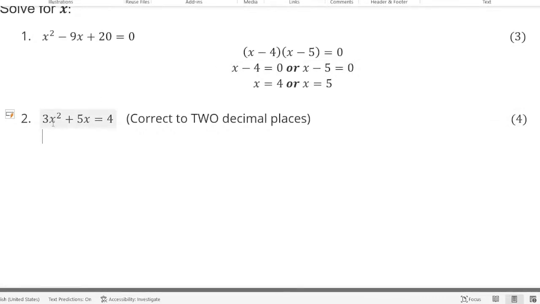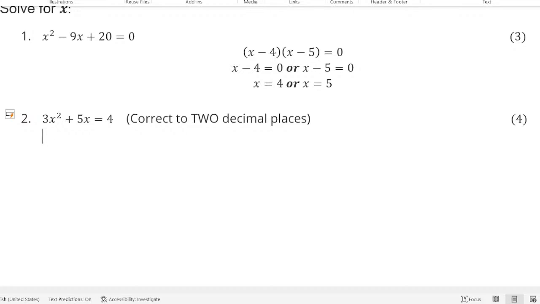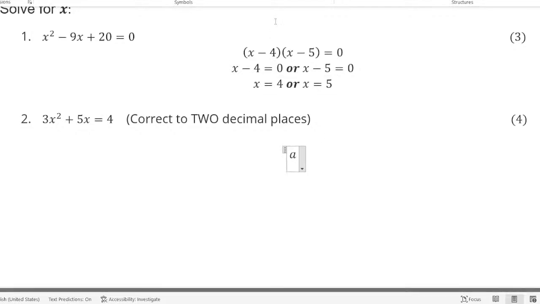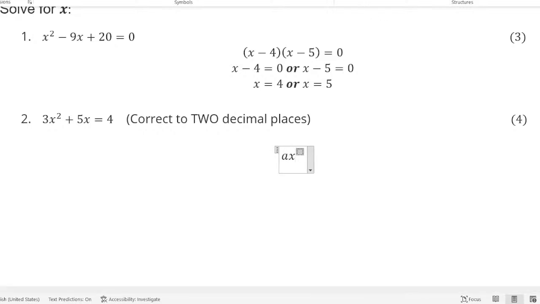So here, remember it says 3x squared plus 5x is equal to 4. When you are solving a quadratic equation, you must make sure that your equation is in the form of ax squared plus bx plus c is equal to 0.